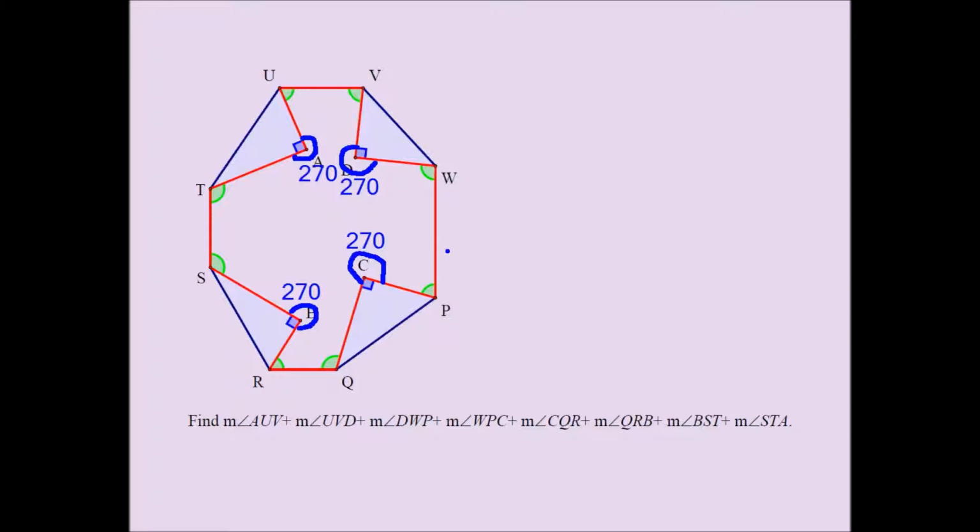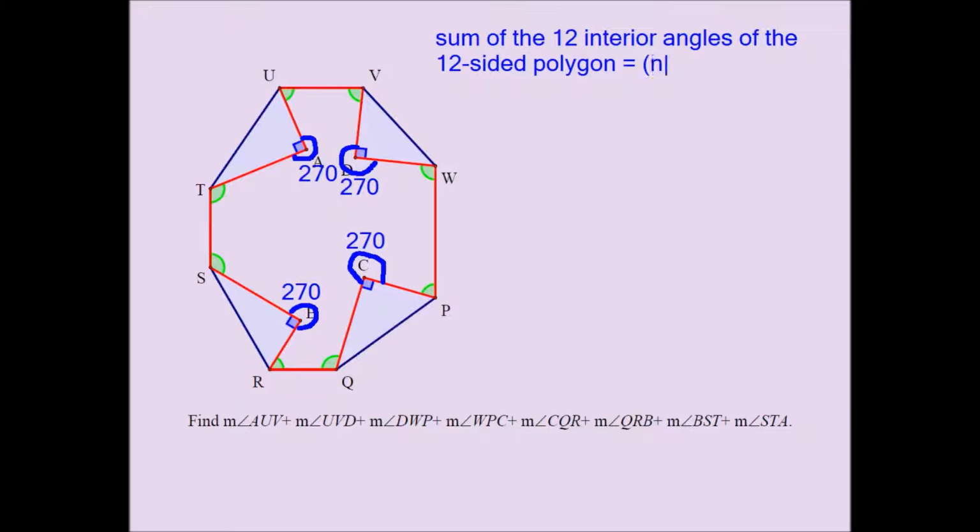Now, in my 12-sided polygon, I know 4 of the 12 angles, and I need to find the sum of the remaining 8 angles. Let's find out first the sum of the 12 interior angles of my 12-sided polygon. That's n minus 2 times 180 degrees.